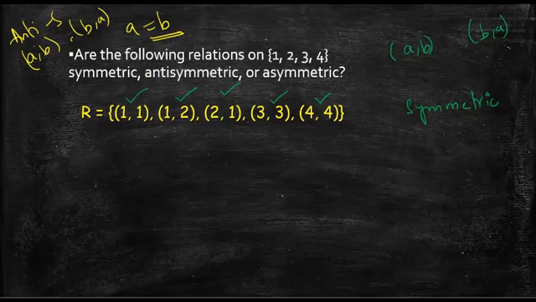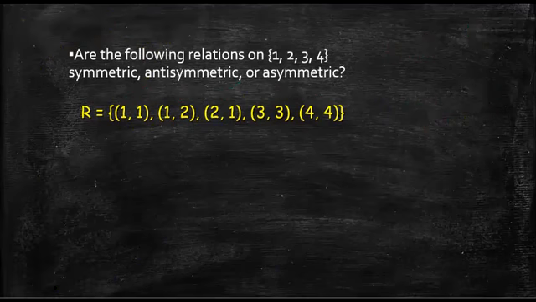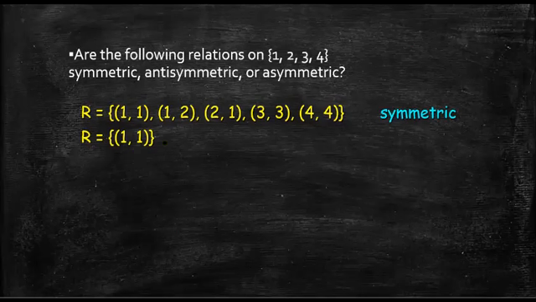Let's see the next question. This is symmetric. Now the next one is simply the ordered pair (1, 1). In this case, we have to check first for symmetric. A comma B is (1, 1) and B comma A is also (1, 1). So it is symmetric.